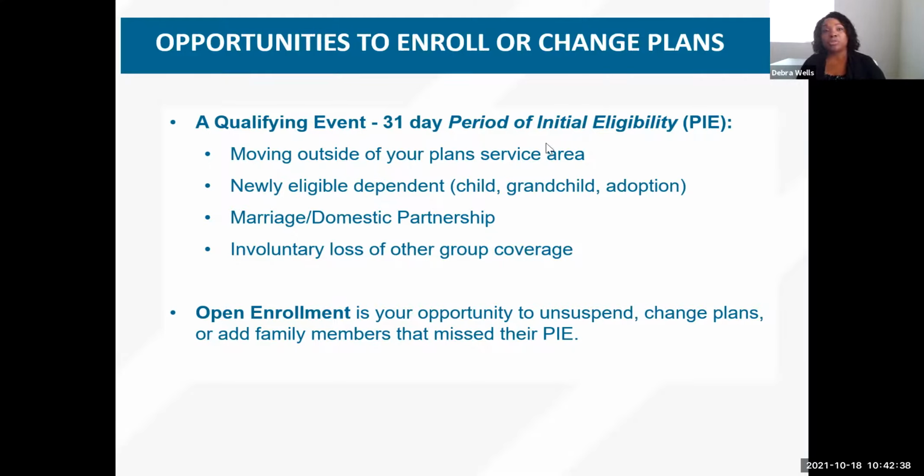But make sure that you do it within 31 days during your period of initial eligibility. If you miss this opportunity, the only time you can make changes is during open enrollment.